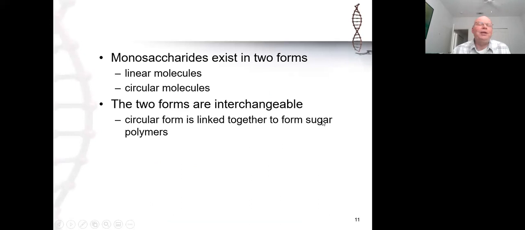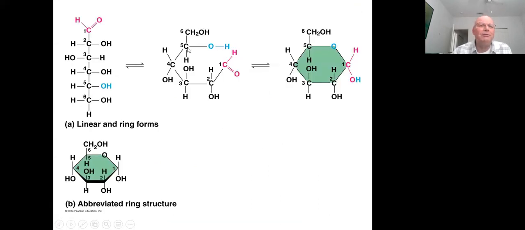So one of the things that we have recognized is that not only do we have these linear forms of the carbohydrates, we also have a circular form. And specifically, the circular form is important because these are what are going to be linked together to form polymers.